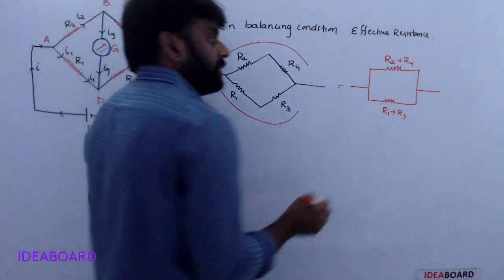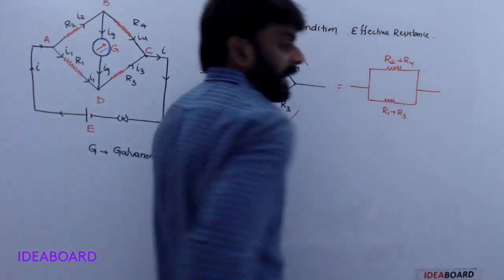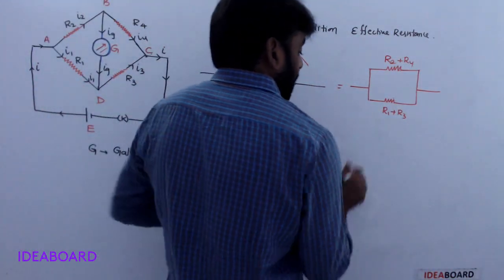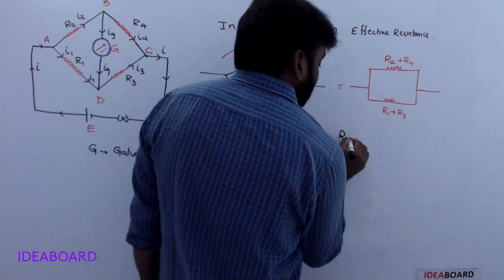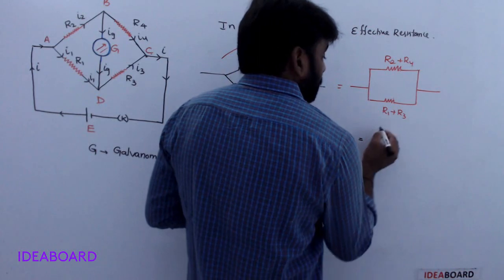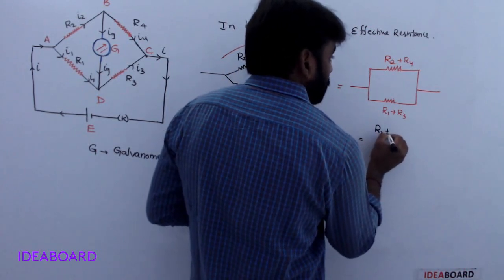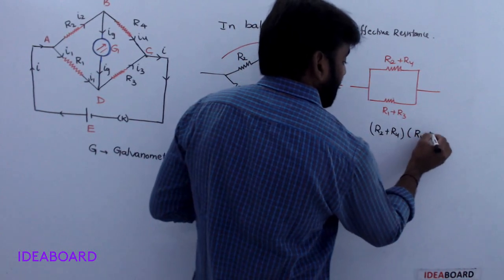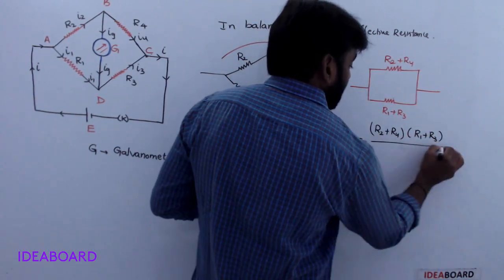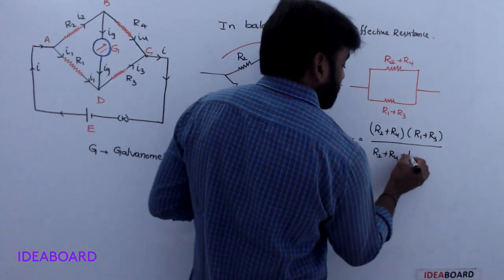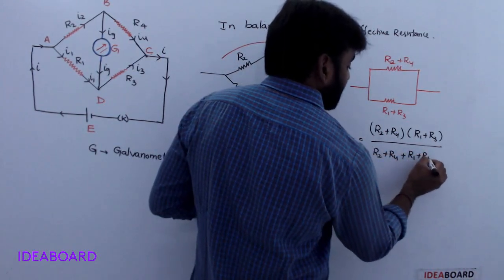Now again these two are in parallel. R effective is equal to (R2 plus R4) into (R1 plus R3) divided by (R2 plus R4 plus R1 plus R3).